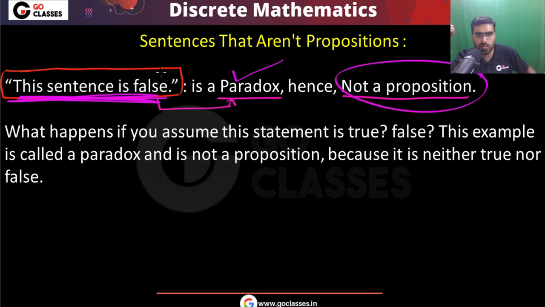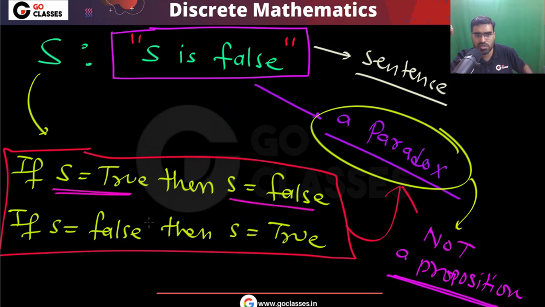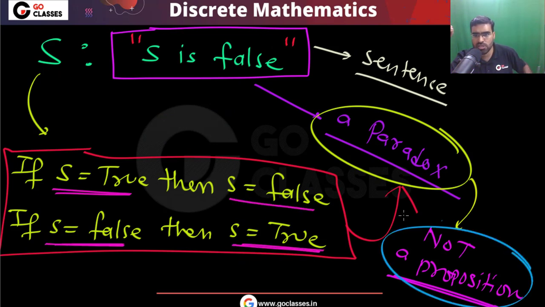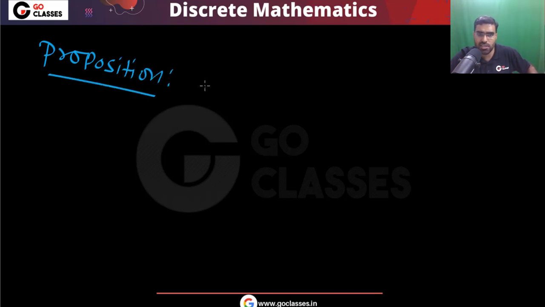Why is this a paradox? Because you can easily see, if this is true then this will be false, if this is false then this will be true. So this type of situation is called a paradox. And a paradox is not a proposition, because I told you that a proposition is either true or false.